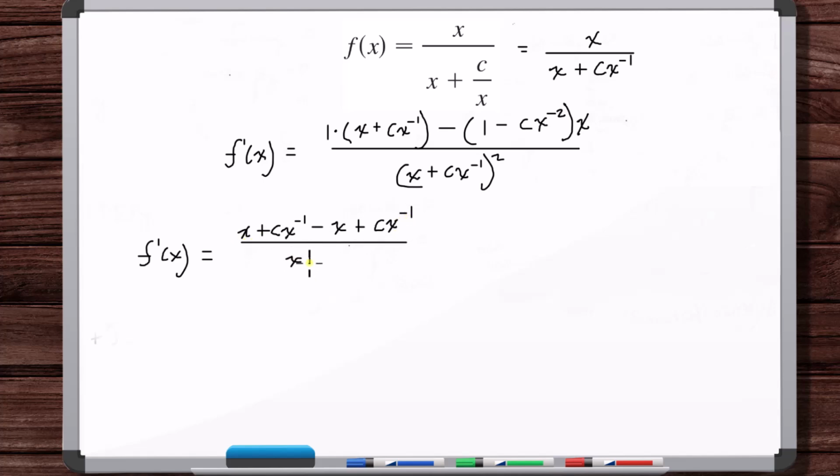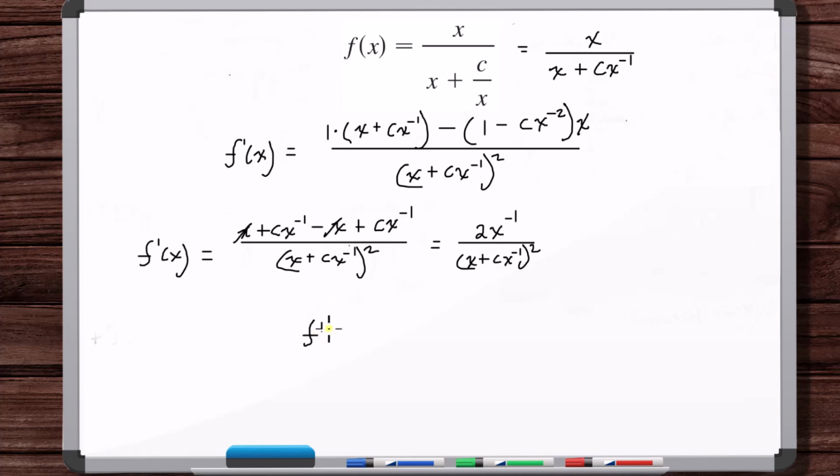All over x plus cx to the minus 1 squared. And this is, we get this x goes away, and we're left with 2x to the minus 1 over x plus cx to the minus 1 squared.